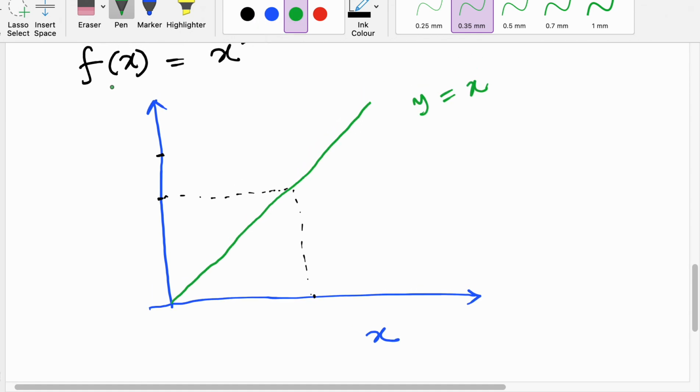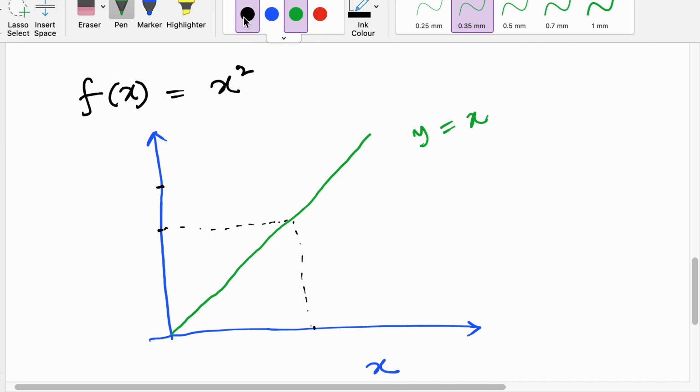Now we have to draw f(x). What is the value of f(x) at x equal to 0? That is 0, and at x equal to 1 the value of x square is 1. So f of 0 will be 0, f of 1 will be 1.